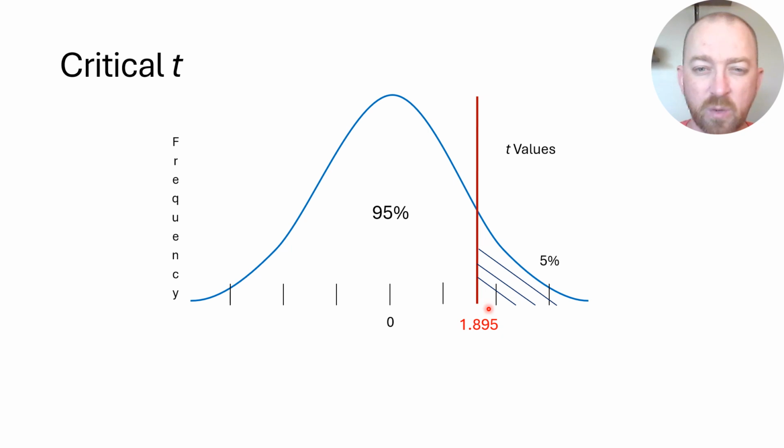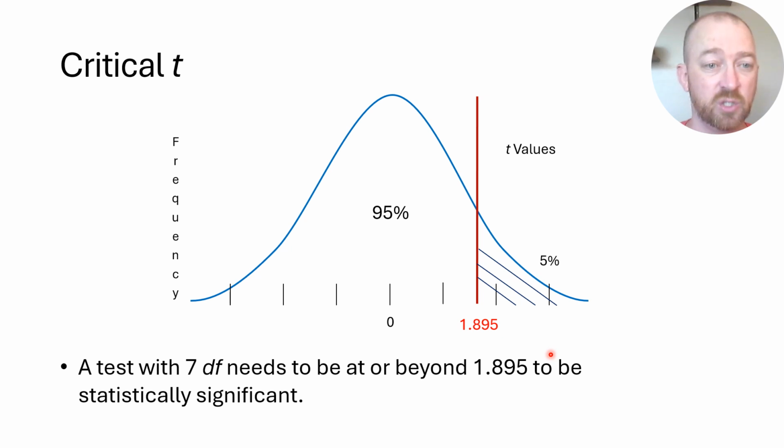So this is what we're interested in. If we get a t-value that falls into this realm, including 1.895, that's interesting to us. In other words, if we have a dependent samples t-test with 7 degrees of freedom, we're looking for a t-value of 1.895 or greater to say that it's statistically significant.